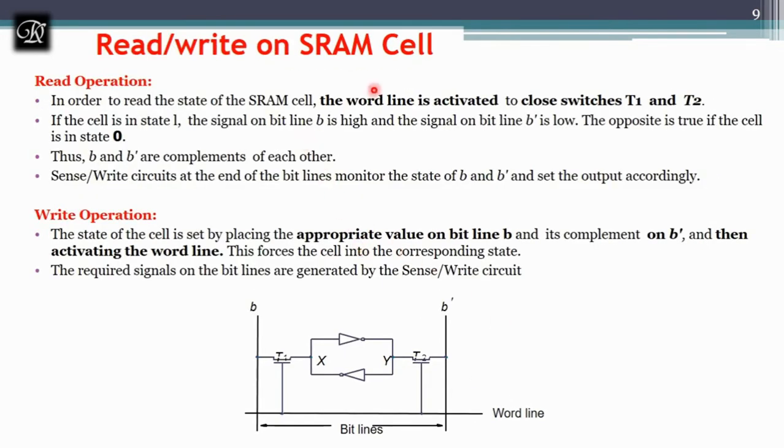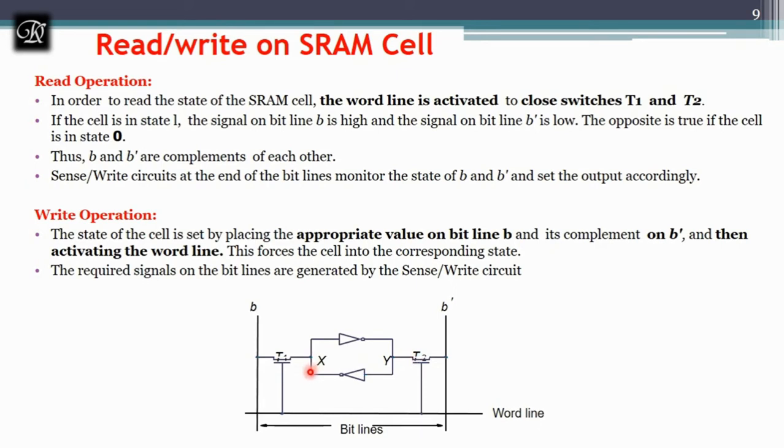In the read-write operation, first we'll see the read operation. In order to read the state of the SRAM cell, we have to activate the word line, which is going to close the switches T1 and T2. T1 and T2 are the transistors which act as switches over here.